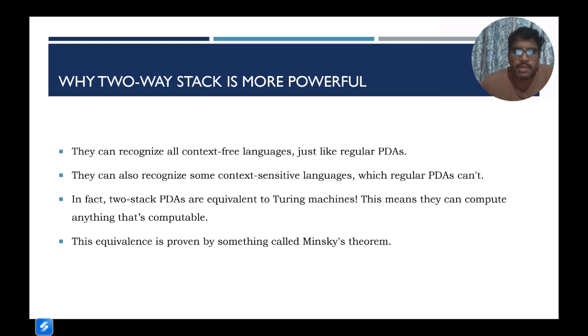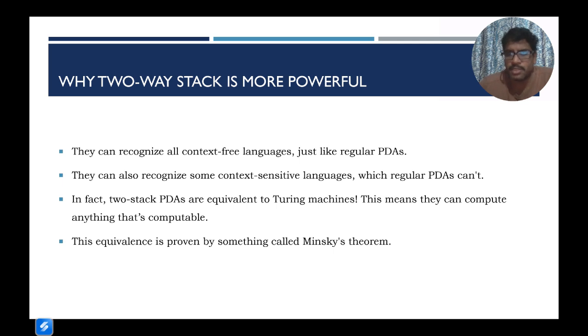Why is the two-stack PDA more powerful? They can recognize all context-free languages just like a regular PDA. They can also recognize some context-sensitive languages which a regular PDA cannot. In fact, the two-stack PDA is equivalent to the Turing machine.